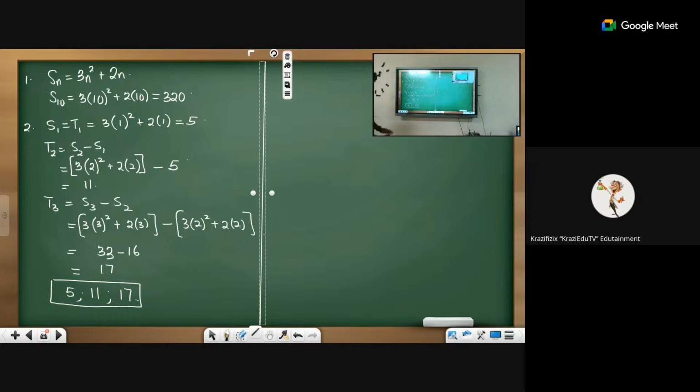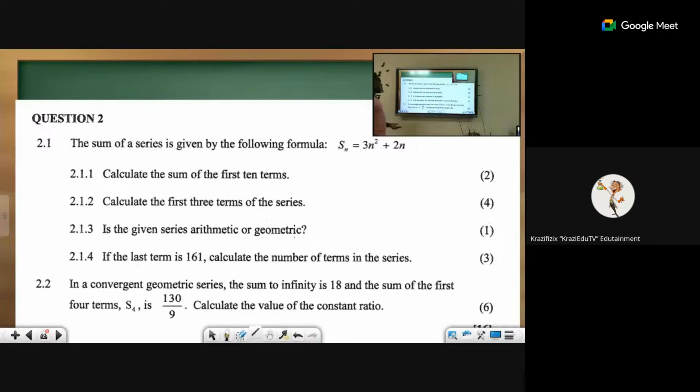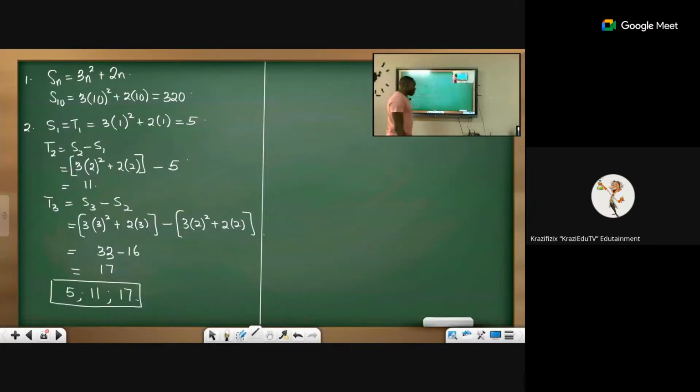Okay. Everybody good? Is the series arithmetic or geometric? What do you think? You answer that question. 5, 11, 17. Is it arithmetic or geometric?